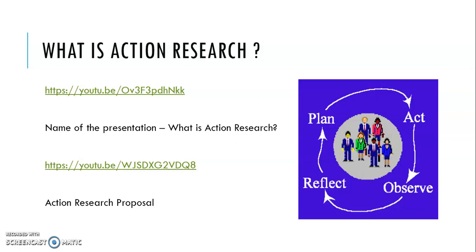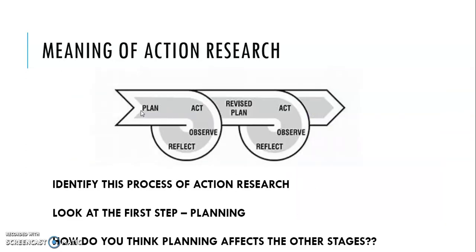On the right hand side, you have already done the stages of action research: plan, act, observe, reflect. You have already done this Stephen Kemmis's cycle, and you can see on your screen the 4 stages. So some of the questions are put up for you.